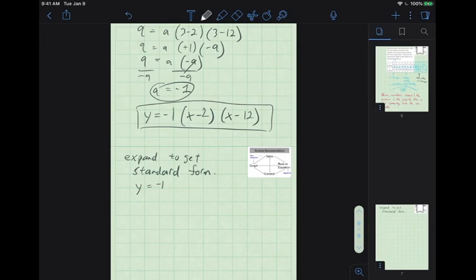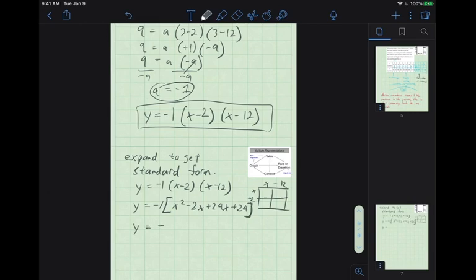Y equals negative 1 times... let me just rewrite it once more on this page. I like to do it this way, or you can draw your boxes here. And you'll see we'll get the same things.